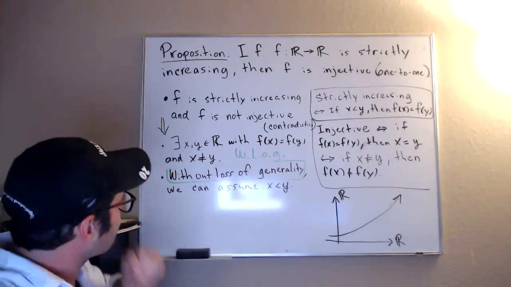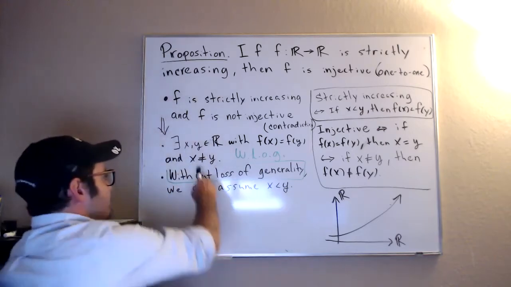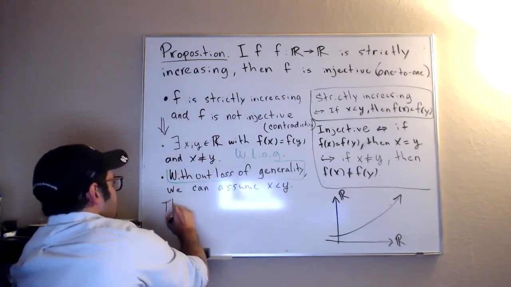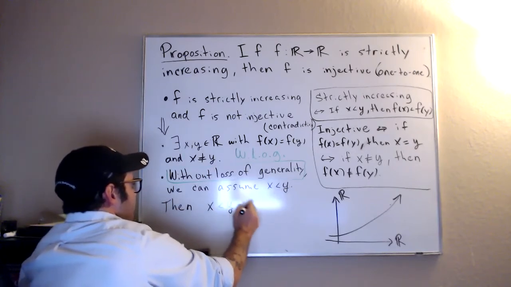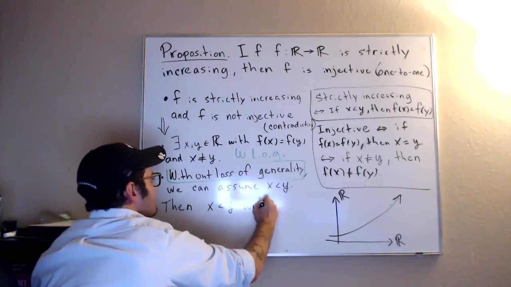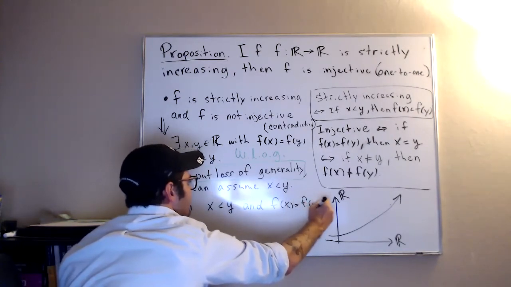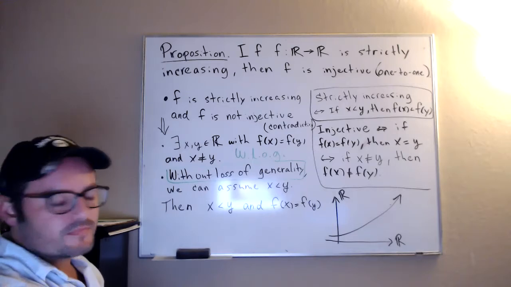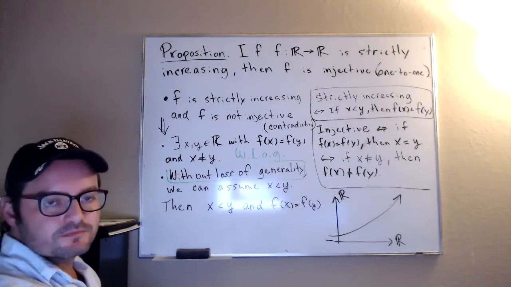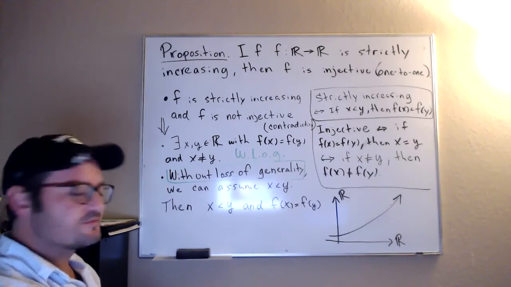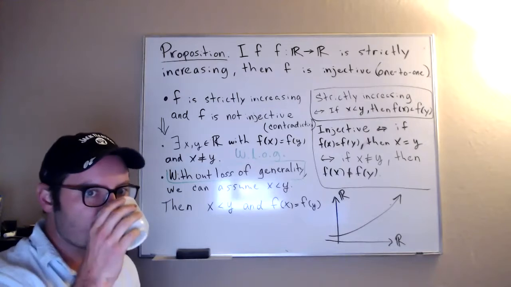Okay? So if we assume that, since they're not equal, then x less than y and f of x equals f of y. So why is that a problem? Somebody speak up. There's a problem that just happened.